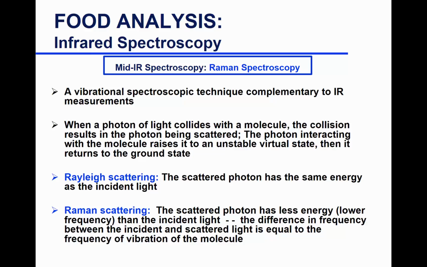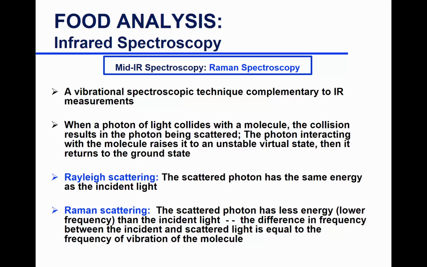That's Rayleigh scattering, when all of the energy is released back as light. In Raman scattering, there's a slight difference here where some molecules don't go back to their ground state. They go back to a higher vibrational state than the ground state and release energy that is less, of a wavelength that is larger, than the energy that hit that molecule at the beginning.